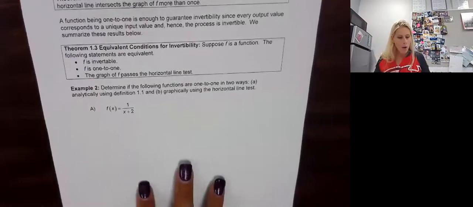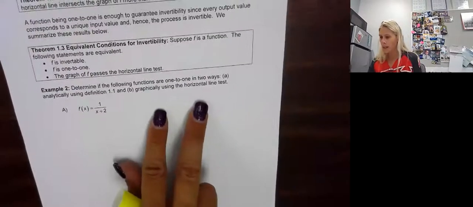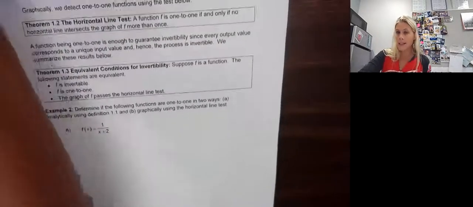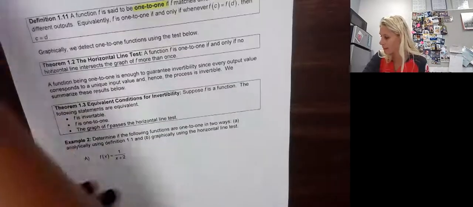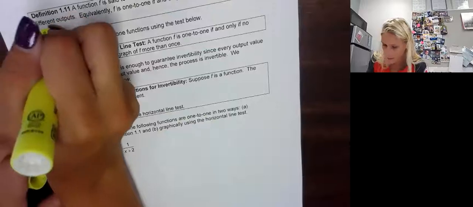Okay, so what we're going to do here is we are going to test this ability here. So let's go back up to this definition. So 1-to-1, if and only if, whenever f of c equals f of d, then c equals d.